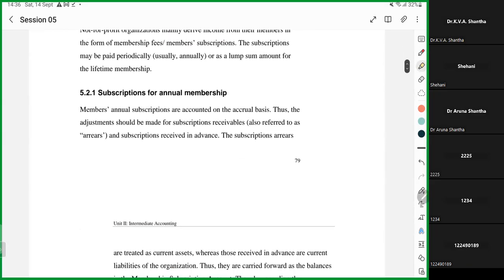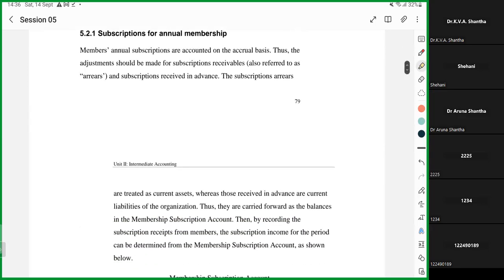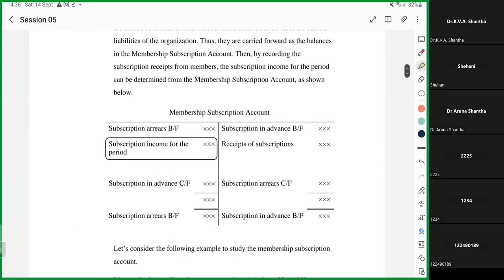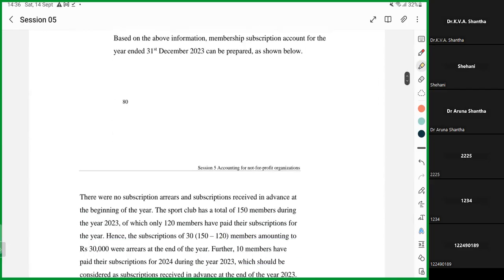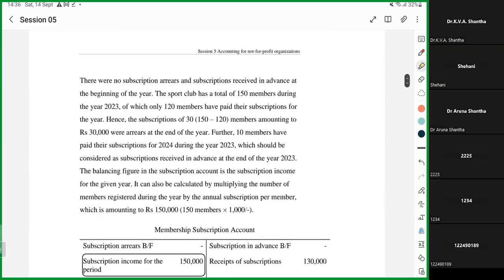There are two types of members. Right. Some members pay membership fees annually. And some members pay membership fees once for a lifetime. We call them lifetime members.